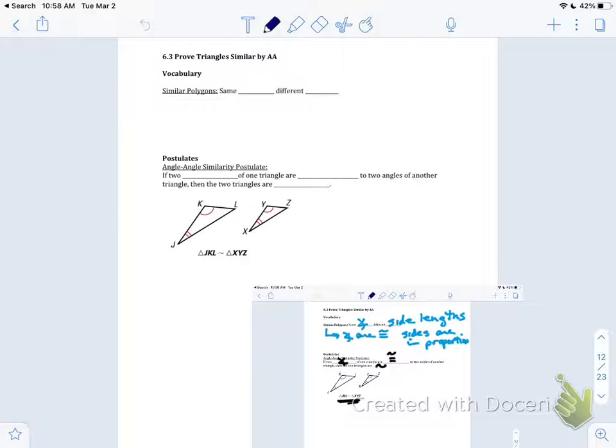So I have angle K equals angle Y, and I have angle J equals angle X. So if I know that, then I can say that these two triangles are similar due to angle. Okay, let's go on to the next page.